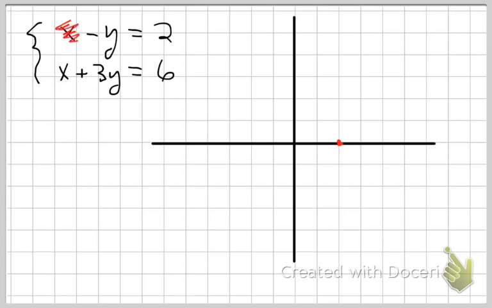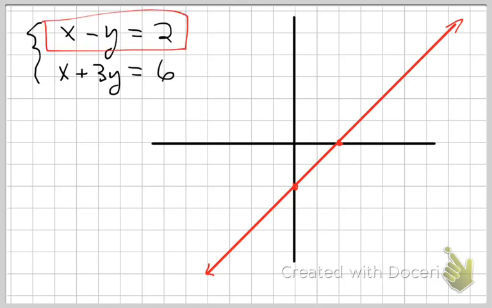If I set x equal to 0, that means y equals negative 2. So y equals negative 2 is the y-intercept. Pen keeps falling. I know. So here is the line that represents all the points that make x minus y equals 2 true.